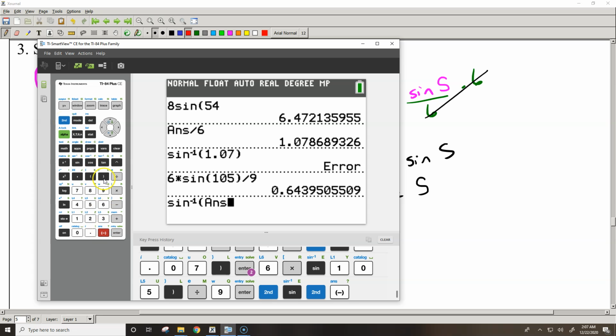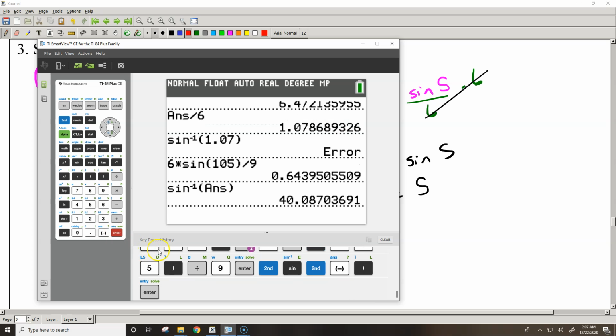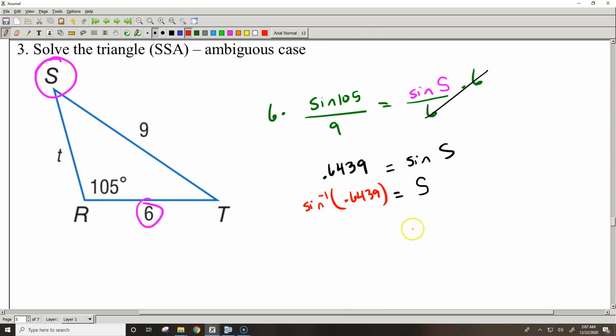So hit second answer in your calculator, and then it'll give you the angle. So the angle here is 40.09. So my angle S is 40.09 degrees.